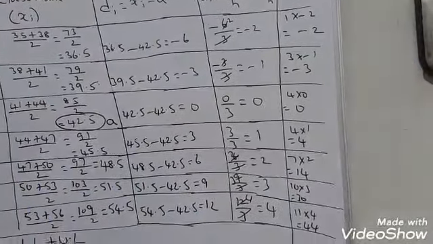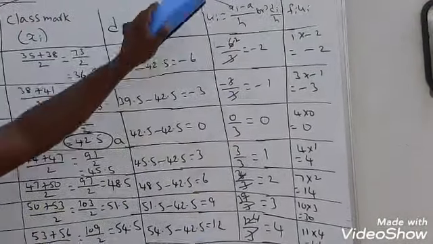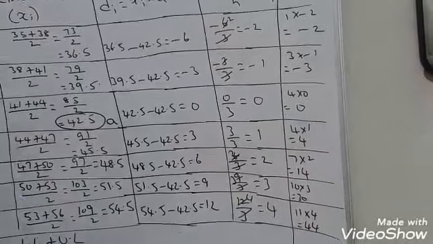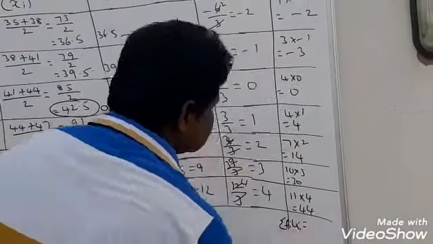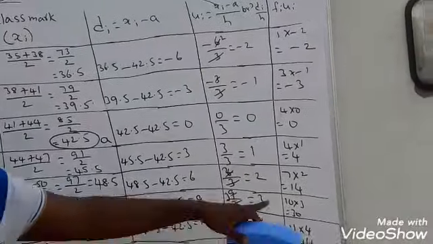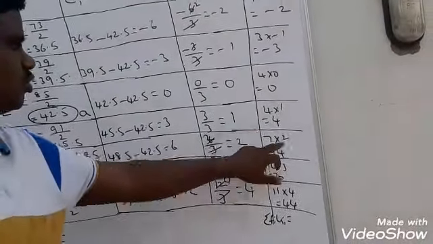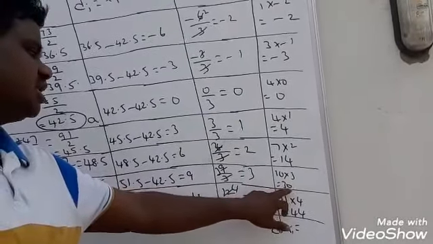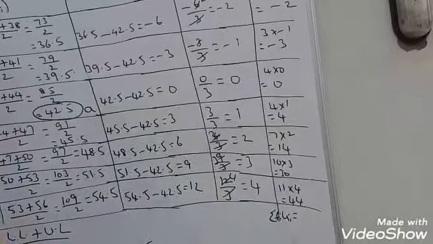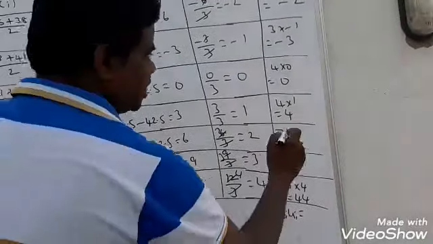After that, you have to add all the fi ui values. That is sigma fi ui. If you add the positive terms, 4 plus 4 is 8... 4 plus 14, 18, 18 plus 30, 48, 48 plus 44, 92.